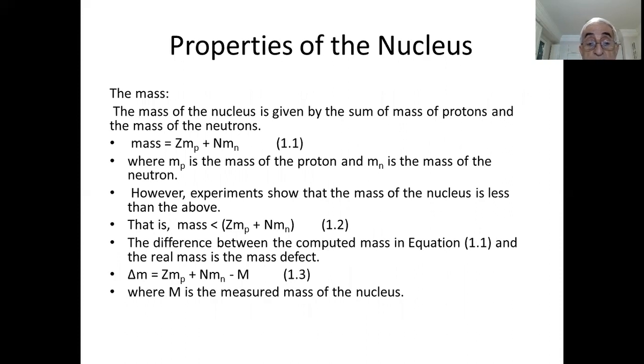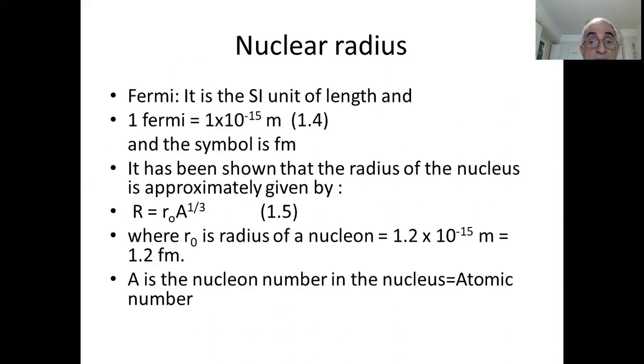The difference between the computed mass in equation 1.1 and the real mass is called the mass defect. So ΔM = Z Mp + N Mn − M, where M is the measured mass of the nucleus altogether.